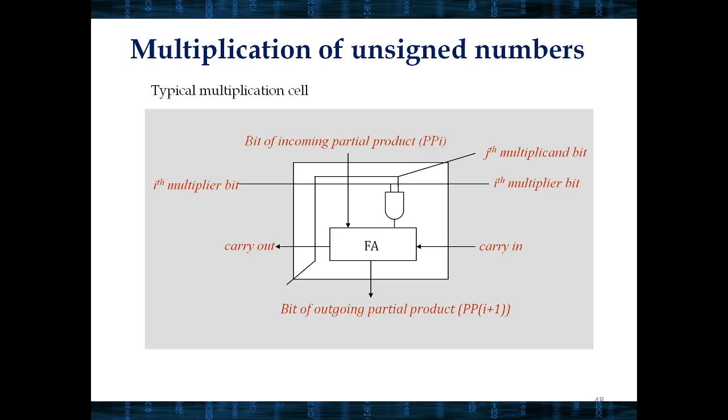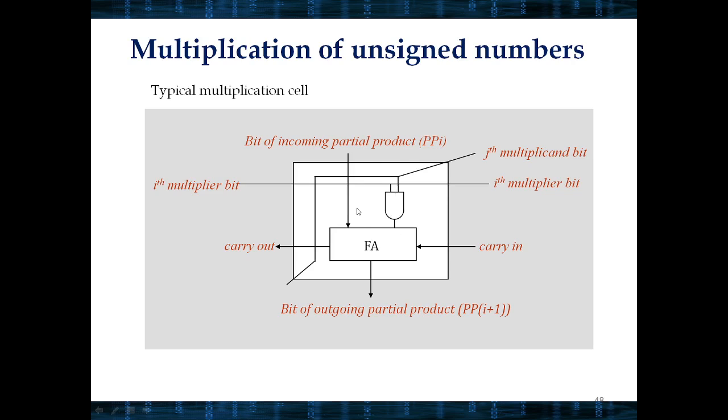So it adds the multiplicand to the incoming partial product PPi to generate the outgoing partial product PPi plus 1. If the qi value is 1, then all these things will happen.